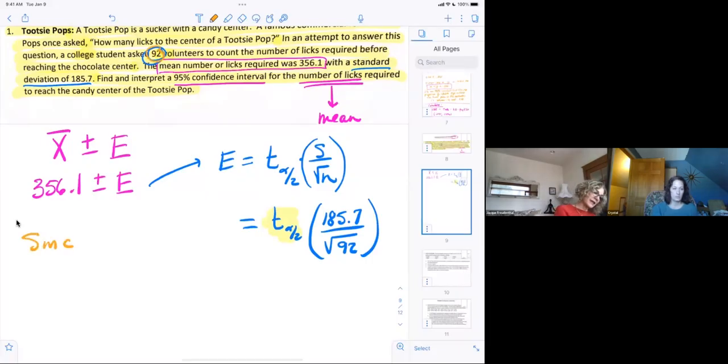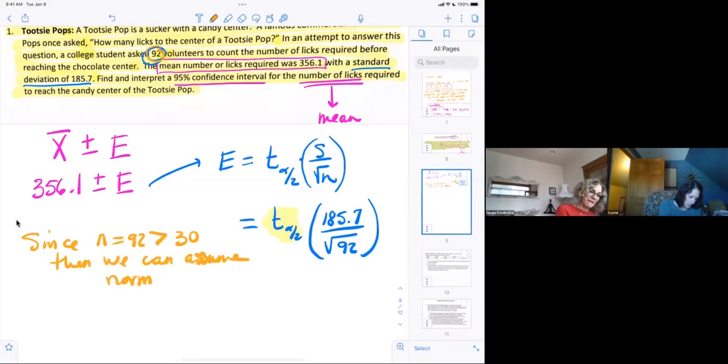Since n is 92, which is greater than 30, we can assume normality. Therefore, we can talk about the t distribution and the critical value t.